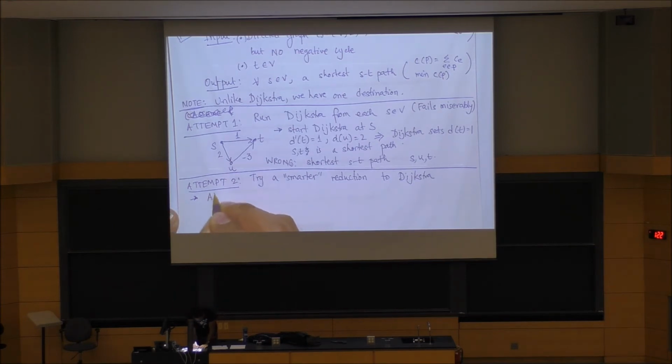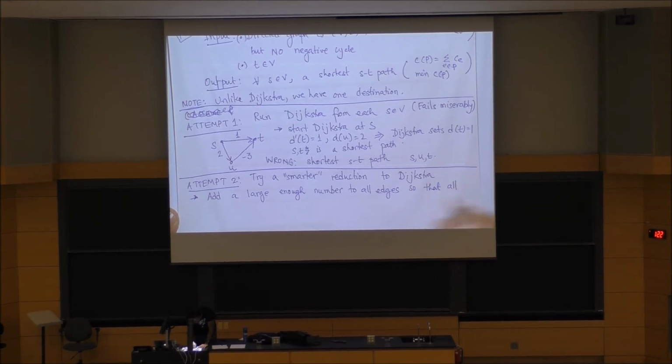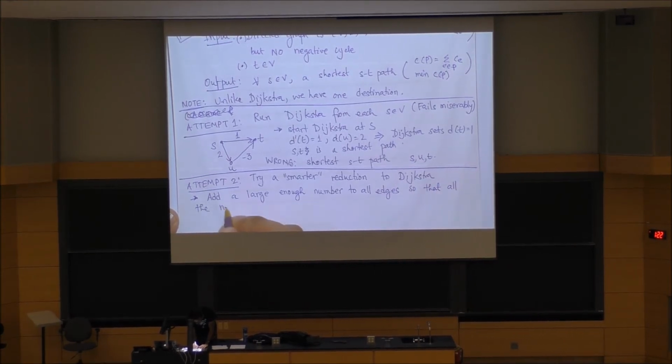So you add a large enough number to all edges so that all the new edge costs, if I denote them by say C prime, are greater than or equal to 0.